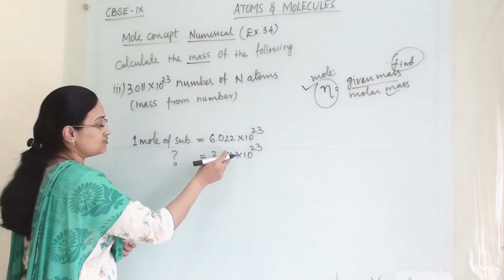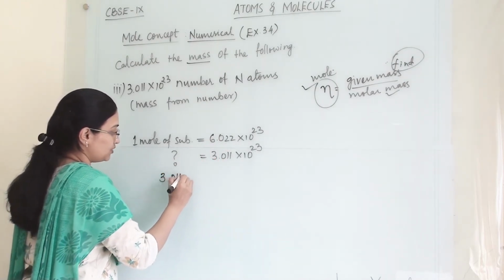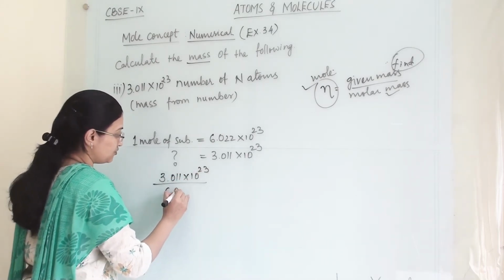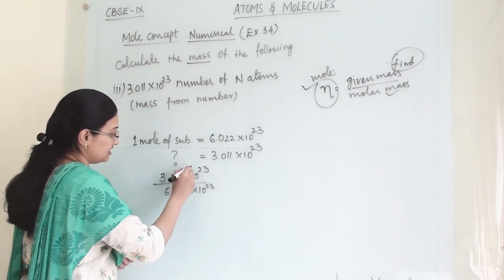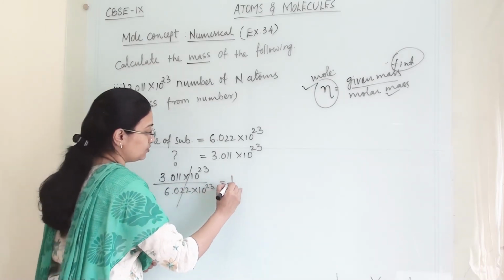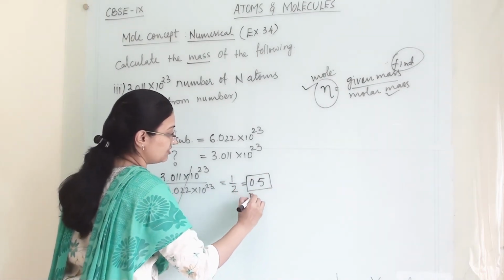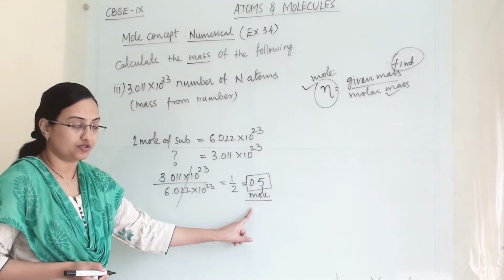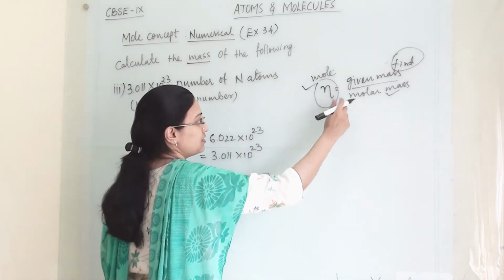Otherwise you can directly divide: 3.011 into 10 raised to 23 divided by 6.022 into 10 raised to 23. So you will get 1 by 2 equals 0.5. So this is our mole.